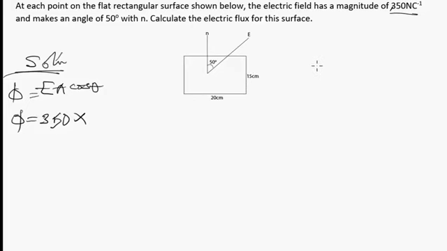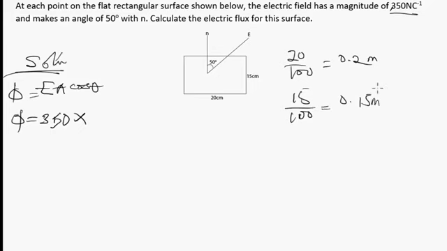So we convert 20 cm to the standard unit: 20 over 100 meters, which is 0.2 meters, and 15 cm is 15 over 100, which is 0.15 meters.